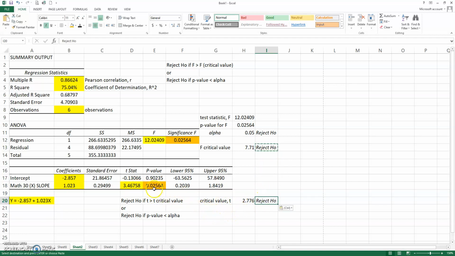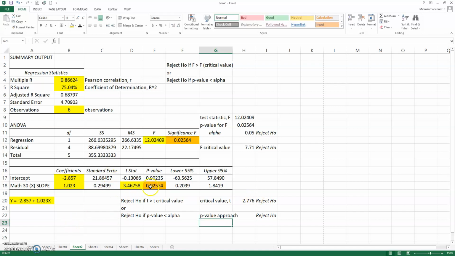We can also look at the p-value. I know we can't find that p-value by hand, but Excel can find this p-value. This p-value is already being doubled because it's a two-tailed test. So we can look at this value, 0.02564. It is less than alpha at 5%. So using the p-value approach, we are also going to reject the null hypotheses.